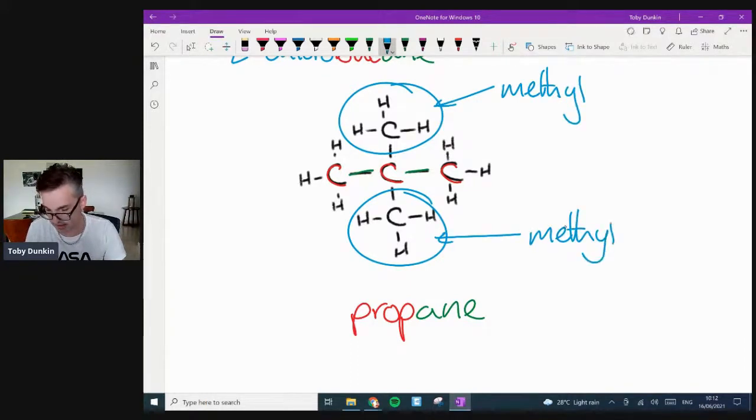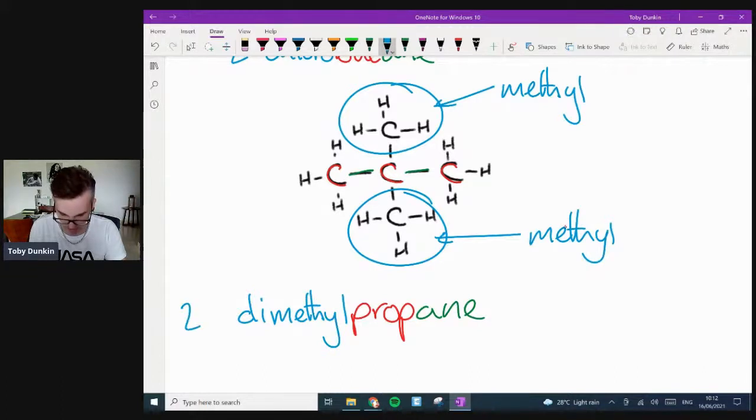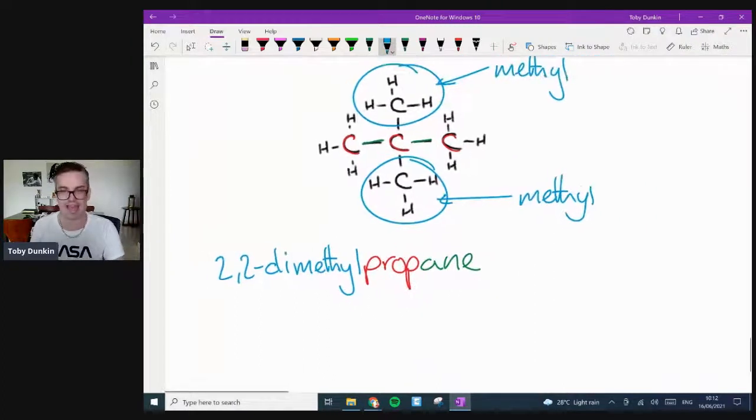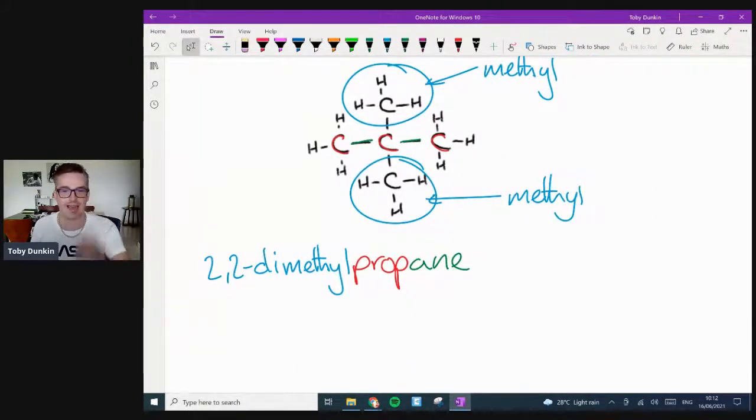Well, guys, that means there are 2 methyls. So dimethyl, and I need 2 numbers to go with it. 2, 2, dash. Look at that. Now that's a hard one. Well done, guys. Well done, Lauren. Straight off the bat, outstanding.